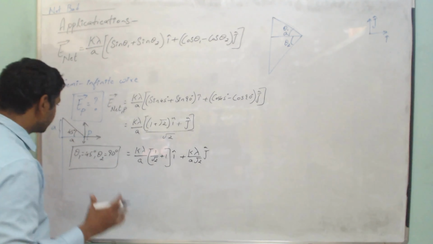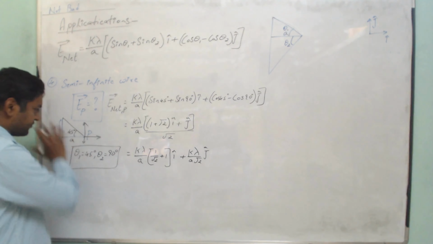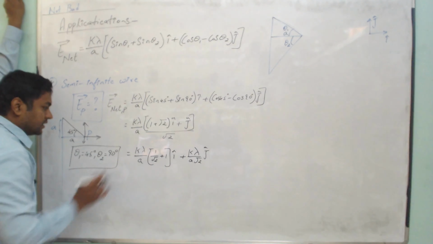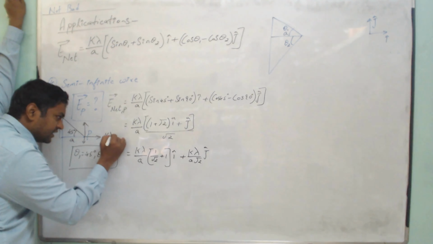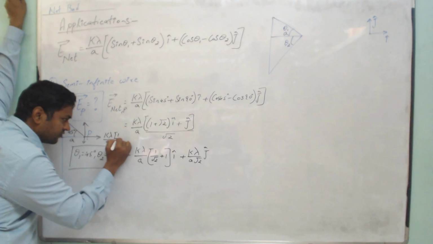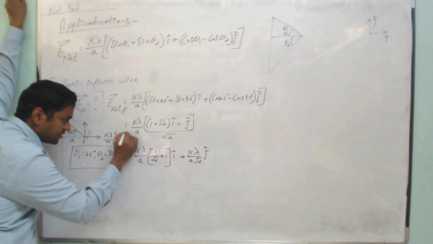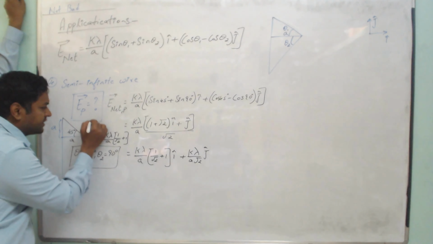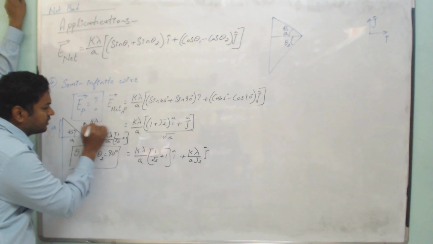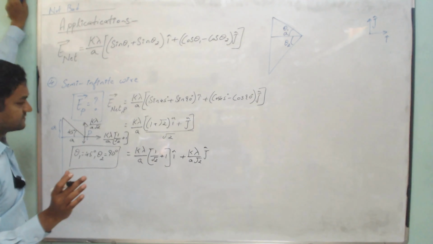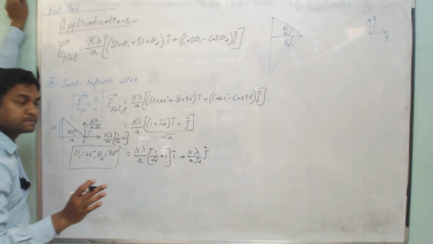Yes, sir. I want to figure out from this particular figure that in this direction I have k lambda by a into (1 by root 2 plus 1), correct? And in that direction it is k lambda by a root 2. Clear? Yes, sir.